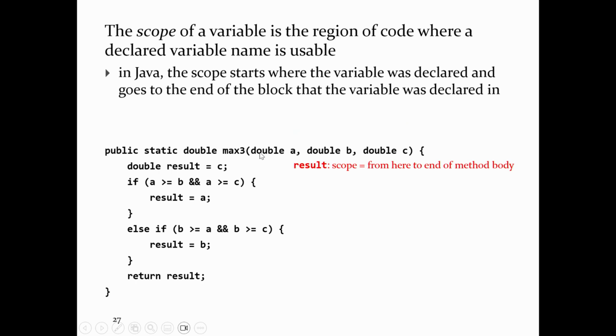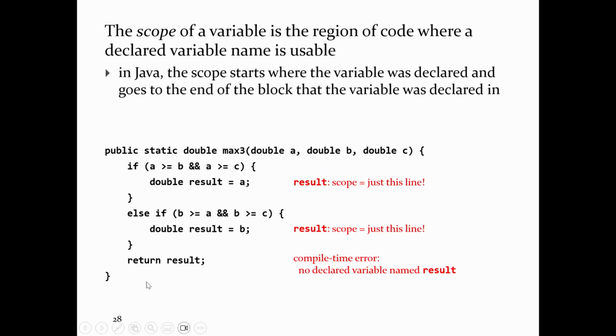Now here I've got another variable called result. The scope of result starts here. As soon as I declare the variable and in this case initialize the value, after that I can use result. So I can safely use it here, here, and here, all the way up to the end of the block that it's defined in.